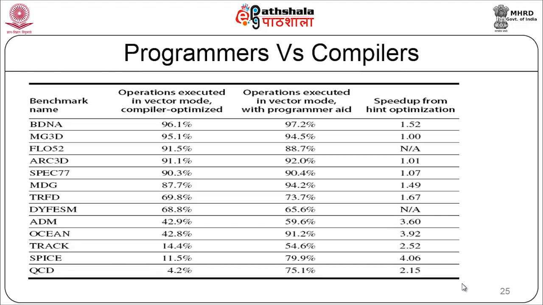In certain cases we did not get speed up. For example, if you look at the third entry, FLO52, from 91.5 it has reduced to 88.7. So, we are not looking at that case, but in most of the other cases you find that there is an improvement. For the first case, for example, 96.1% has improved to 97.2%, which means the speed up that you got from hint optimization is 1.52. So, providing a hint by the programmers to compilers may basically aid the compilers in doing a better code generation.